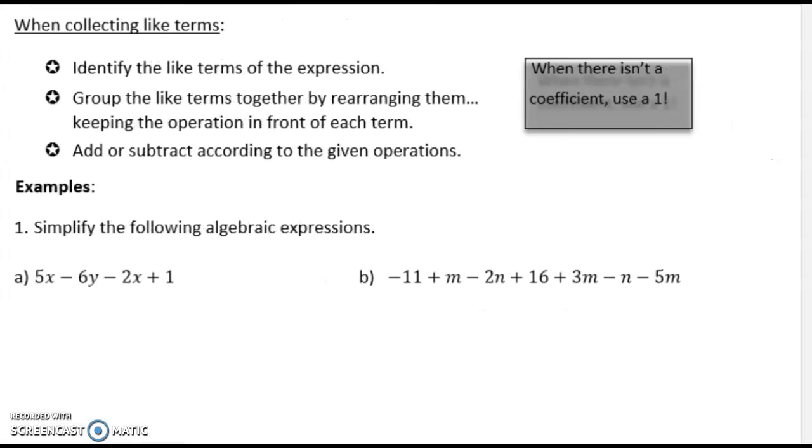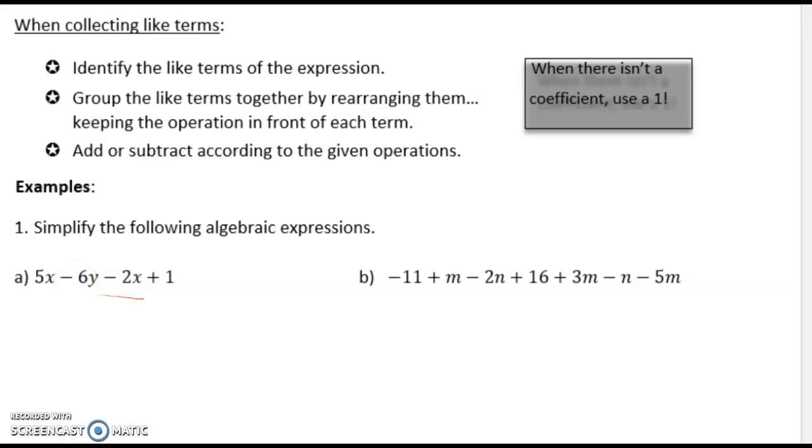So when collecting like terms, identify the like terms of each expression. Group the like terms together by rearranging, and keeping the operations in front of each term. This one's so important, keeping the operations in front of each term. So right here, this says negative 6y, so you would keep it negative 6y.